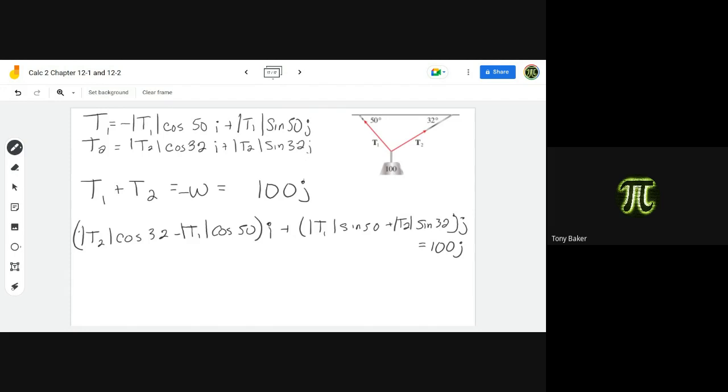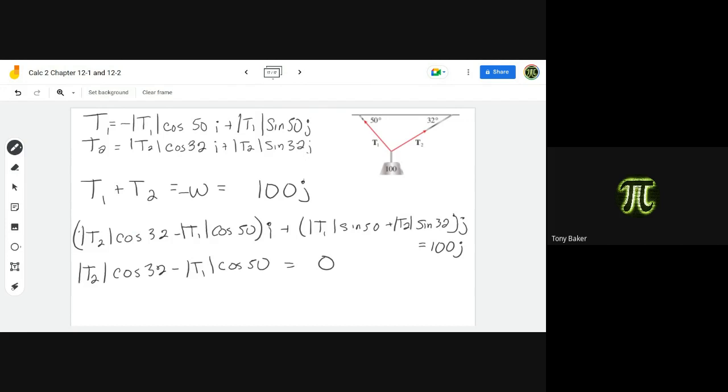So far, so good? Okay, we're just taking basically the two pieces, we're adding the two vectors. So now I have two equations. Well, it looks like I have one, but I really have two. Because I can take this I equation and the J equation now and actually use them. So I have the magnitude of T2 cosine 32 minus the magnitude of T1 cosine 50 equals 0.